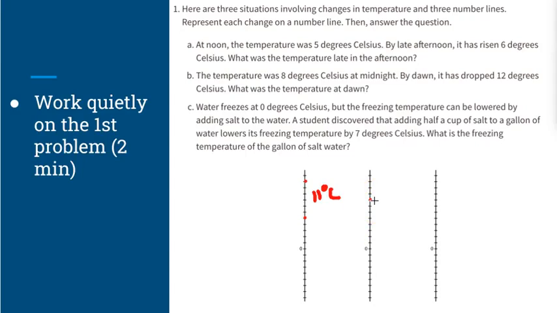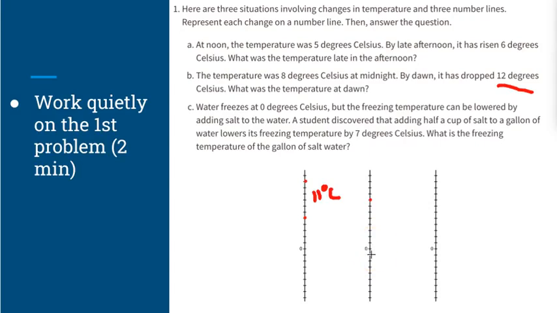So if it's gone up 6, oh wait, I'm sorry, I misread that. It says it dropped 12 degrees. Okay, so if it was 8, we've got to go down 12 degrees. So 7, 6, 5, 4, 3, 2, 1, 0.